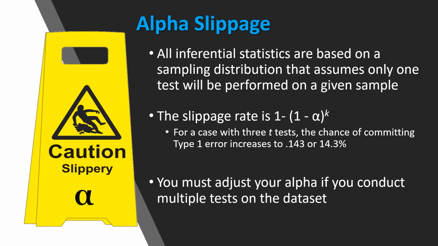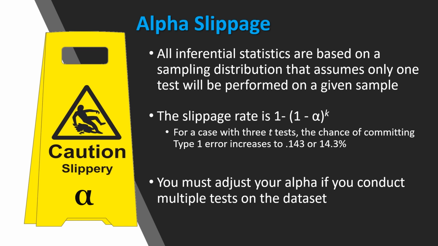There's a simple formula you can compute to find out how much alpha risk has slipped by running multiple tests on the same dataset. It is 1 minus, in parentheses, 1 minus alpha, to the kth power. Here, alpha is usually set for us at 5% or 0.05, and k represents the number of tests you conducted or are planning on conducting.